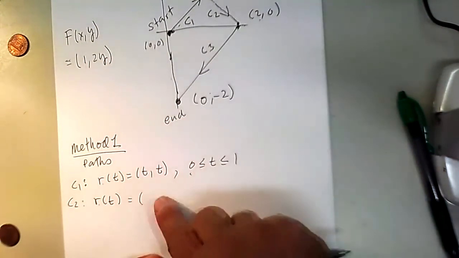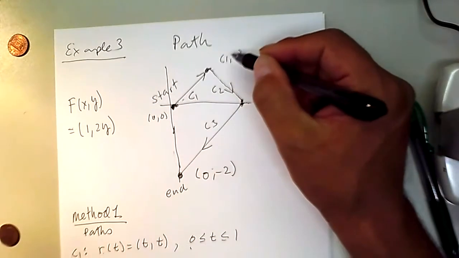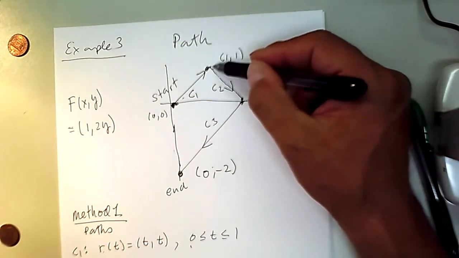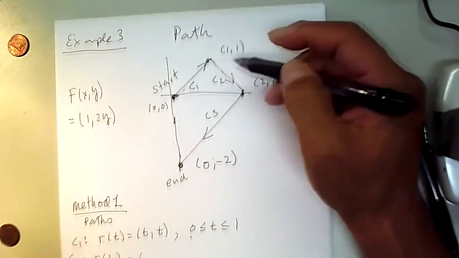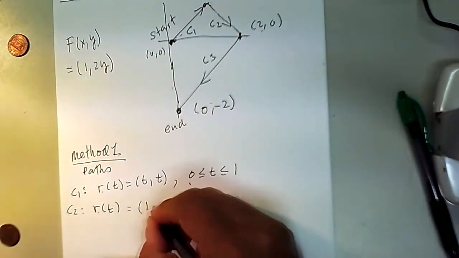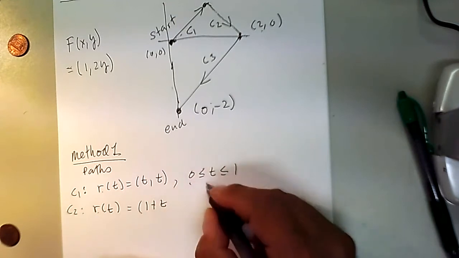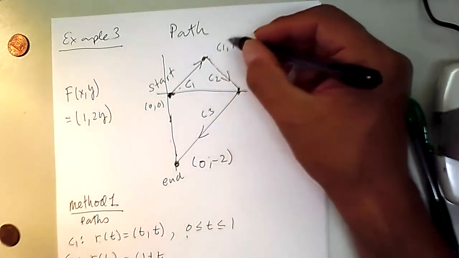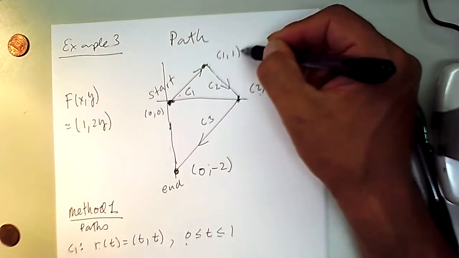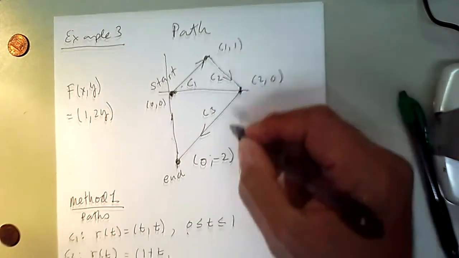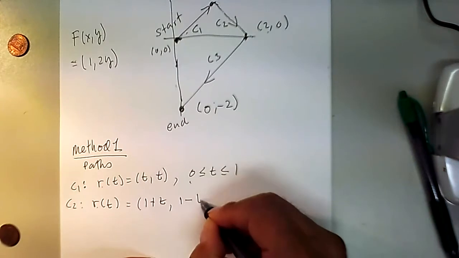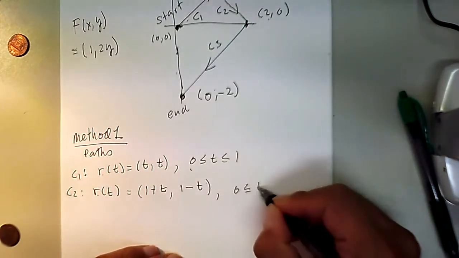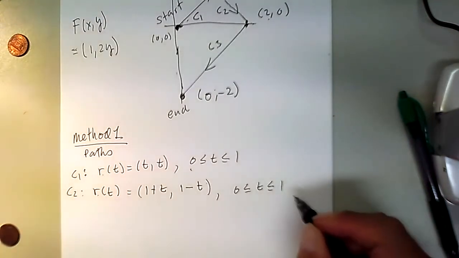I'm going to show you two for this path. So if we go from 1 to 2, that means we can just start with 1, add t because we want t to go from 0 to 1. While that is happening, the y value goes from 1 to 0, so it decreases. Start with 1 and take away t. From 0 to 1 for the t's.